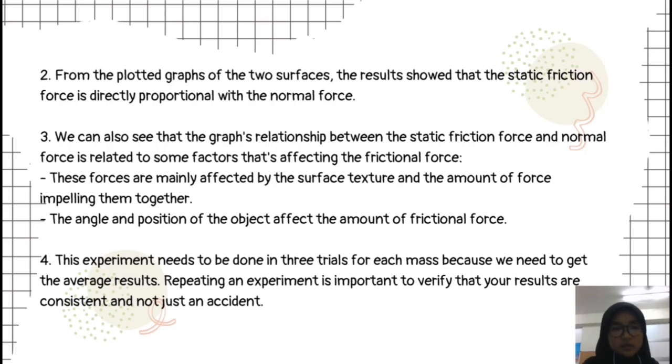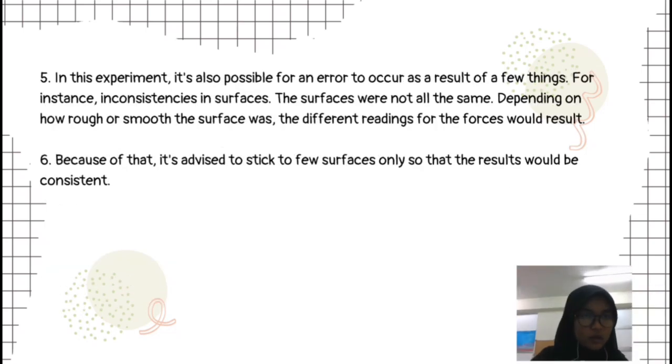These experiments need to be done in 3 trials for each mass because we need to get the average results. Repeating an experiment is important to verify that your results are consistent and not just uncertain. In this experiment, it is also possible for an error to occur as a result of a few things.